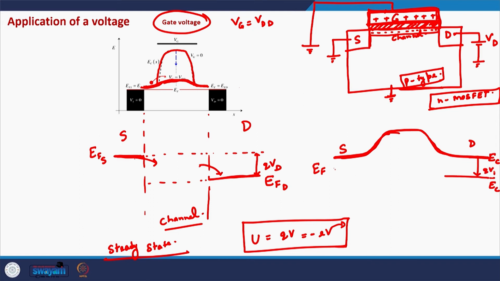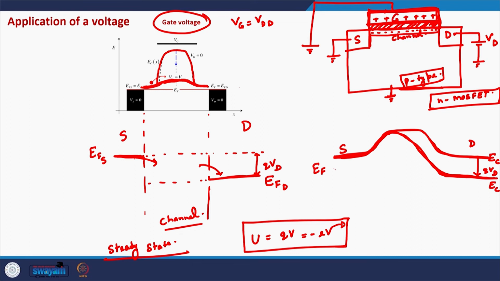This is Q times Vd, and so we will have a situation like this. So if a positive voltage is applied on the drain terminal, this drain side conduction band minima will go down.